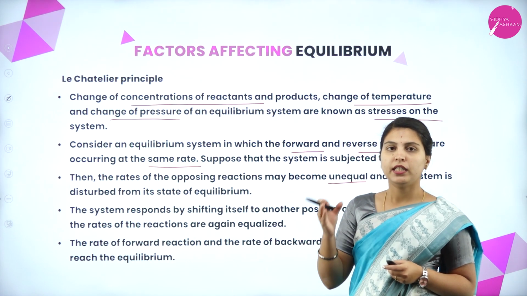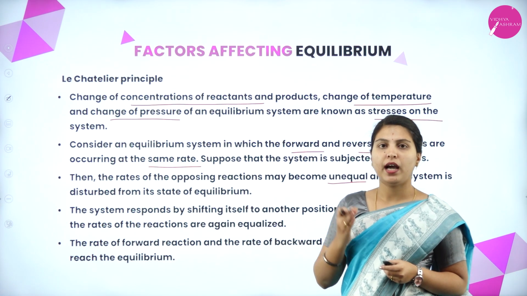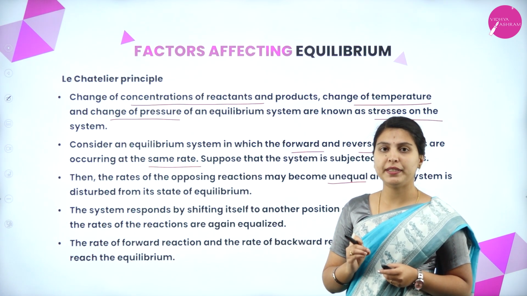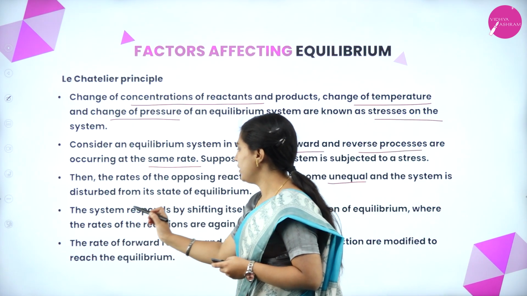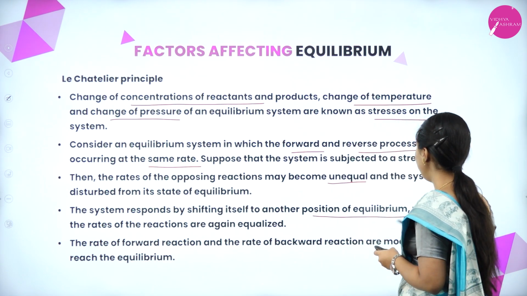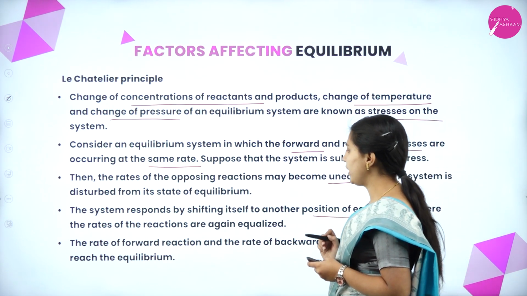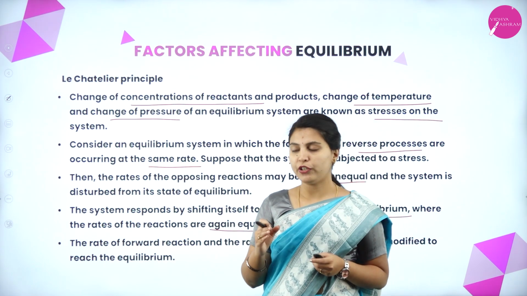What will happen? The two opposing rates become unequal and the system is disturbed until it reaches equilibrium. The system responds by shifting itself to another position of equilibrium where the rates of the reactions are again equalized.